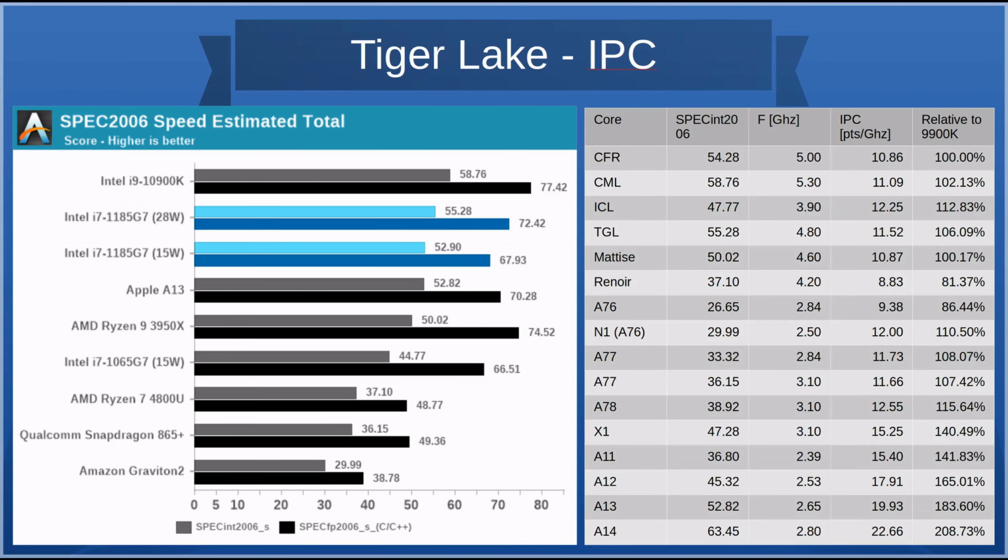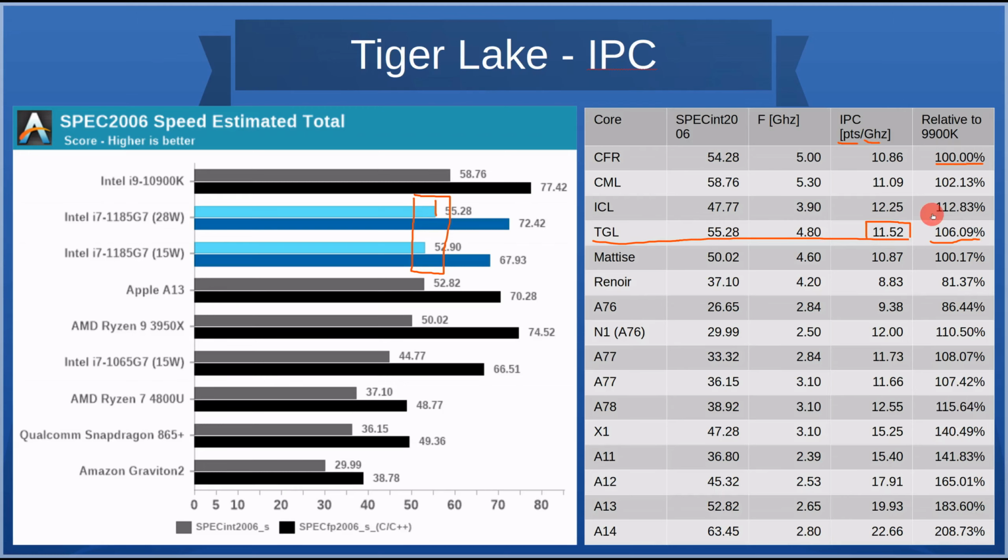But look at this benchmark. It looks good for the Tiger Lake at first look, but if you take into account also the frequency, which is here 4.8 gigahertz, and calculate the IPC, the benchmark points per gigahertz, you will get only 11.52 points, which is actually only 6% above Coffee Lake refresh.